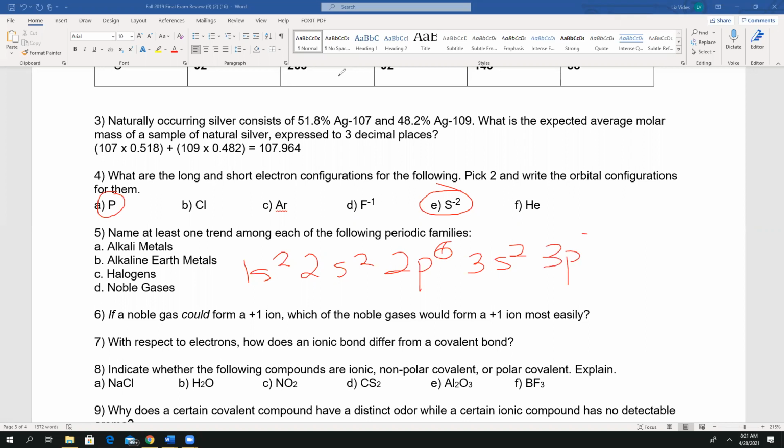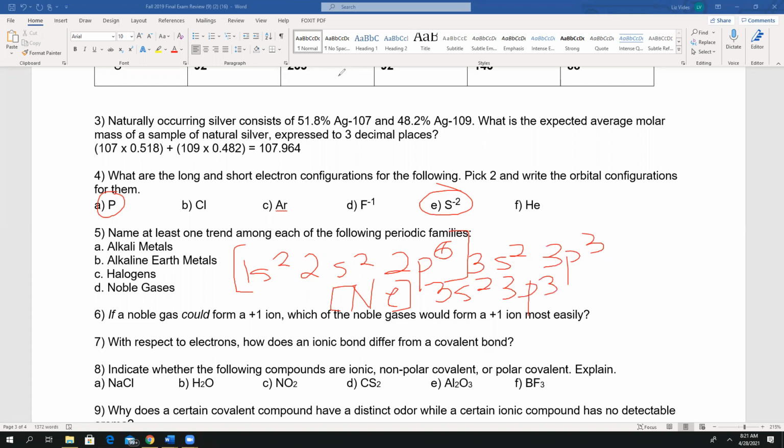And 3p3. Okay. That is your first one. That is phosphorus. That's the long form. The short form, remember you take the first noble gas, which is neon, right? And you use that one. And then you just use 3s2, 3p3.